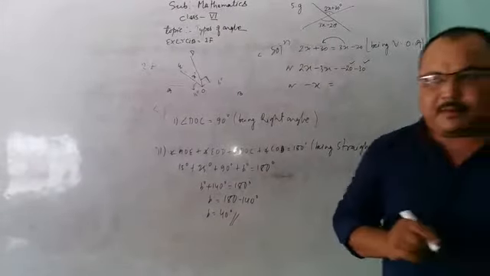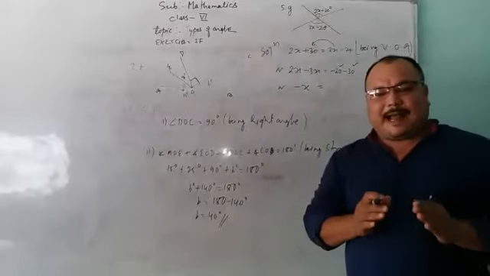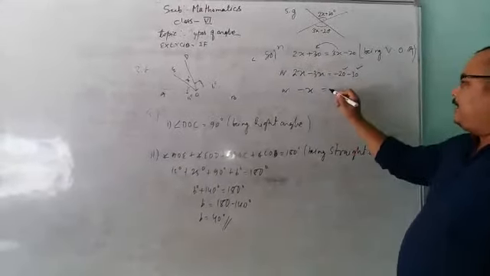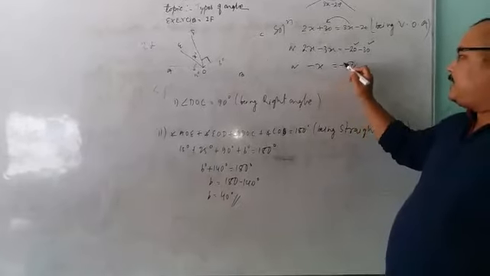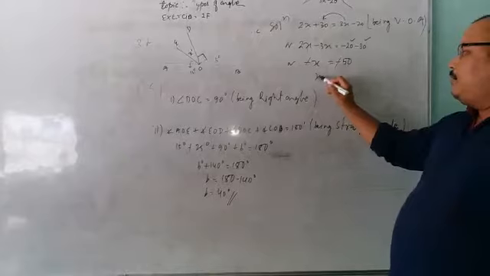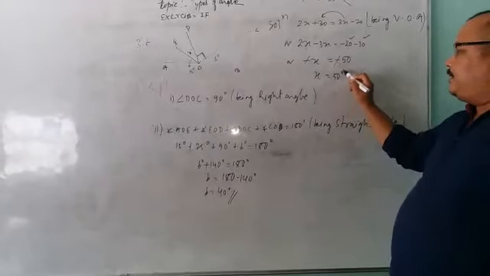Always remember that for similar signs, you add. So add: minus 50, 20 plus 30 is 50, and the sign will be minus. On both the left hand side and right hand side the sign is minus, so it becomes positive 50 degrees.